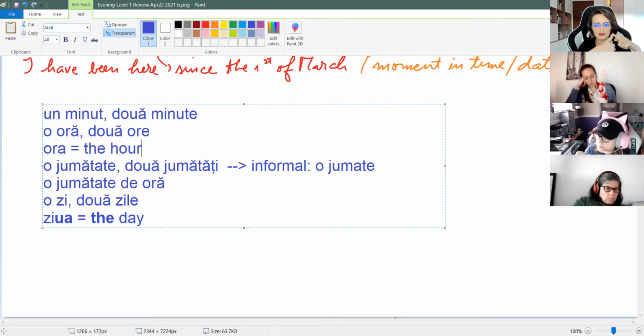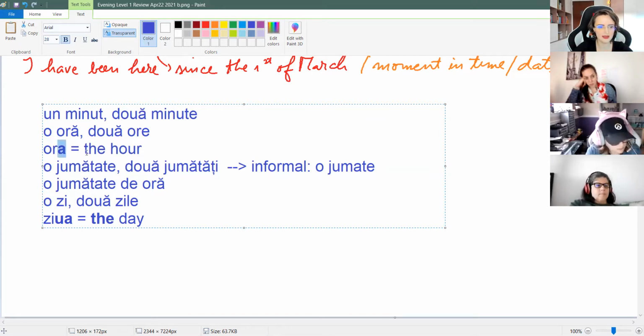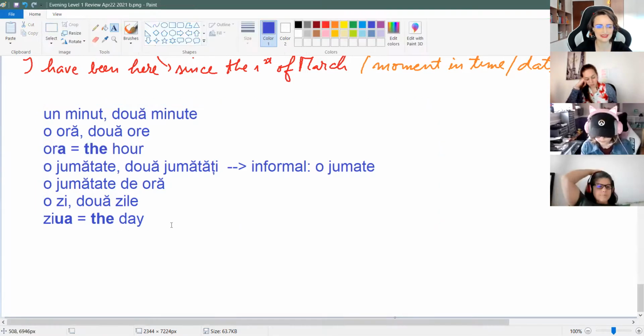First of all, that's always feminine, so you can rely on that. Second of all, if you want to add a definite article to it, all you need to do is take the hat off at the end. So whenever it ends in ă, just turn the ă into an a, and now it suddenly means the. So oră, an hour, ora, the hour.